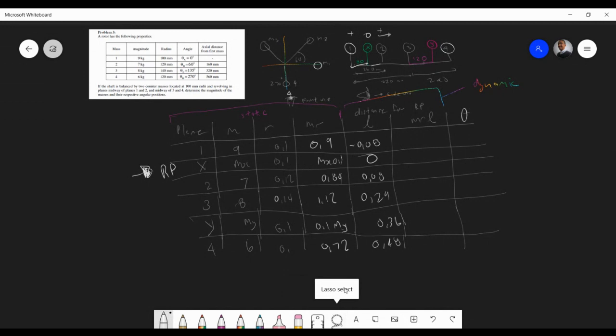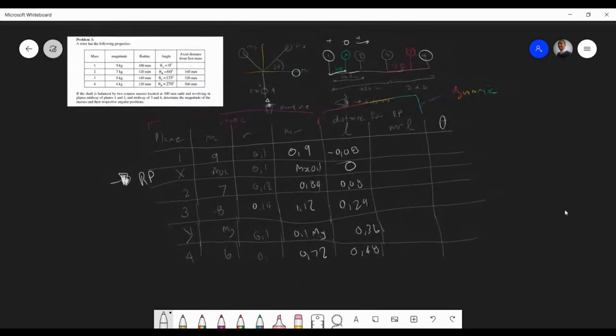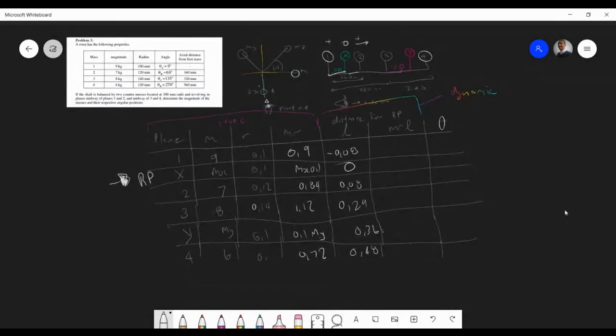Right. What we do now is find our MRL. We don't know the angles, so we probably need the angles here. Obviously this is 0, angle M we don't know, angle X is 60. Angle Y we don't know, we're looking for that, and this one is 70.